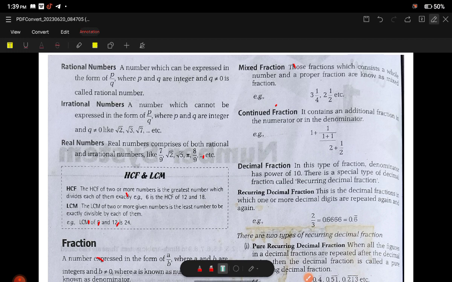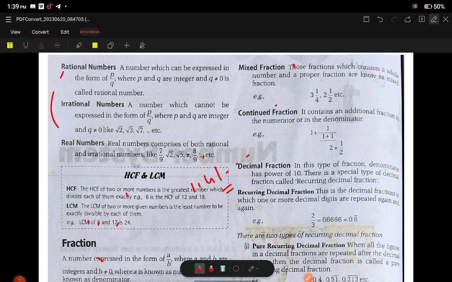For example, root 2 or root 3. If you expand root 2 or root 3, you will see a decimal form, for example root 2 is 1.41 and so on, with no group of repeating digits or single repeating digit, so it is an irrational number.